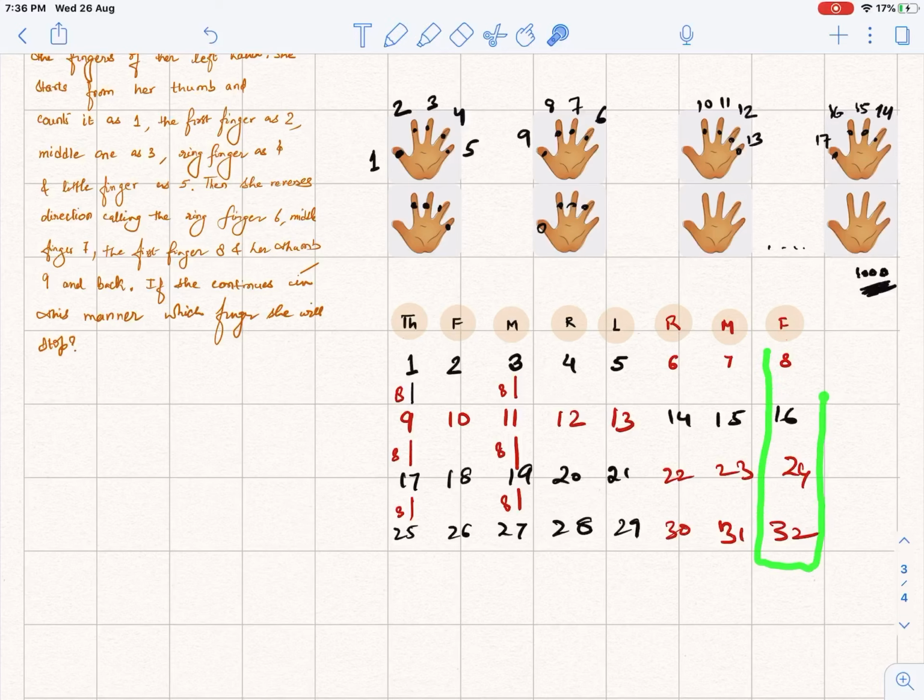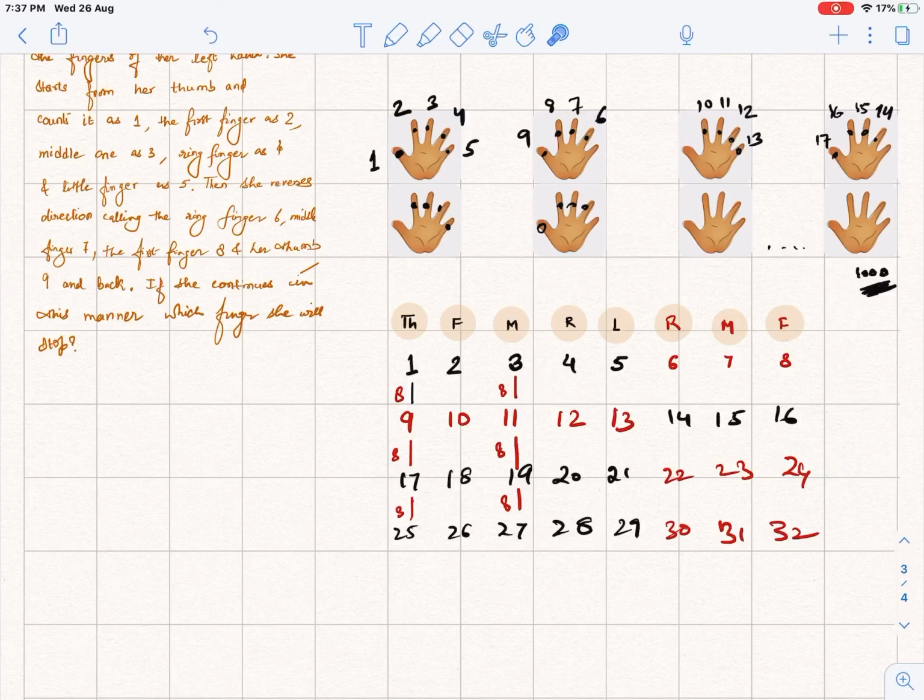Also, another thing we see, if we look for the pattern here, what do we see? Just like every other series, every 8th number it's changing, and you can see a common factor of 8 here. So every 8th number we land on the first finger.